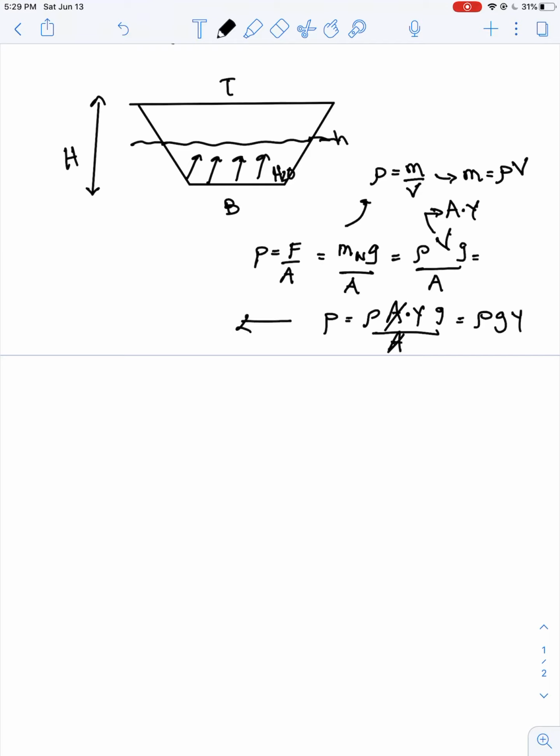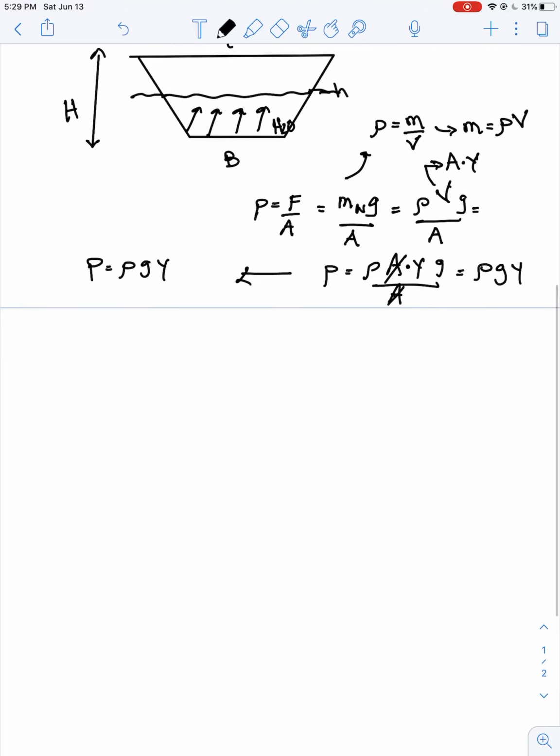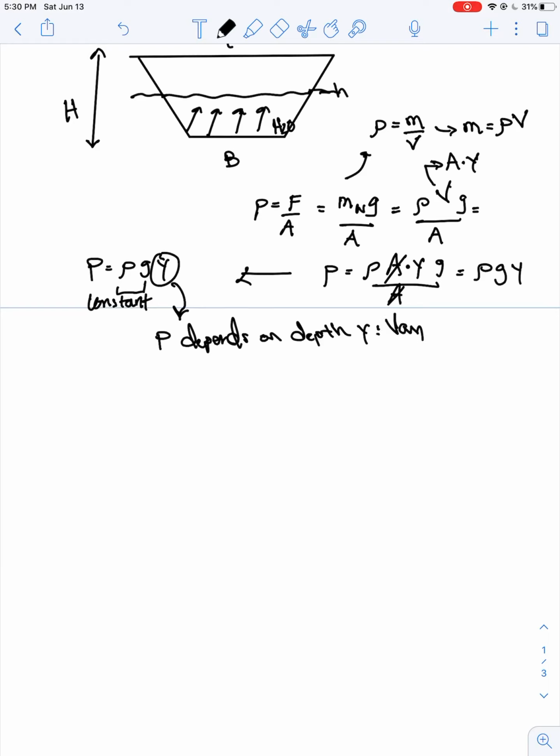From this, we note that since the pressure is rho g y, and we assume that the density and the gravitational acceleration are both constant, we can observe that the pressure is dependent on the depth. Since the pressure depends on depth, y, we have a variable pressure.